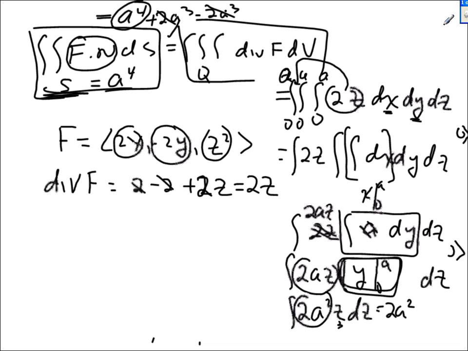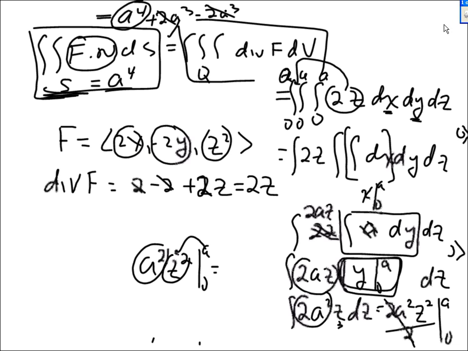The integral of z dz is z squared over 2. The 2's cancel. Z goes from 0 to a. So we have a squared, z squared from 0 to a. You plug a in, you get a squared times a squared, a to the 4th. You plug 0 in, you get 0. So the answer is a to the 4th.